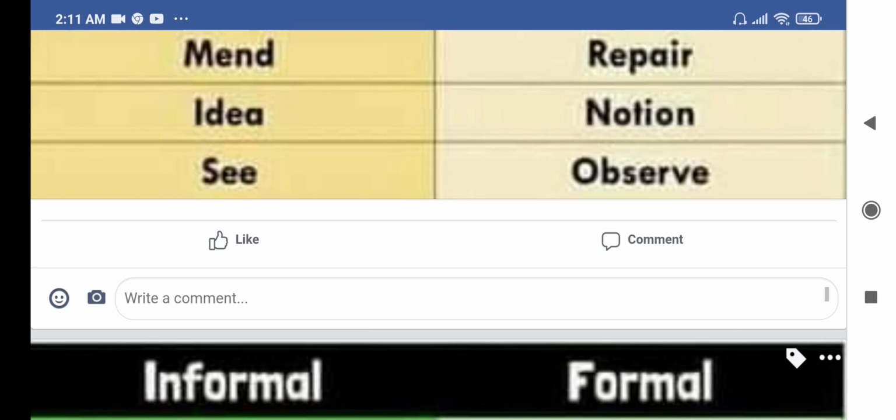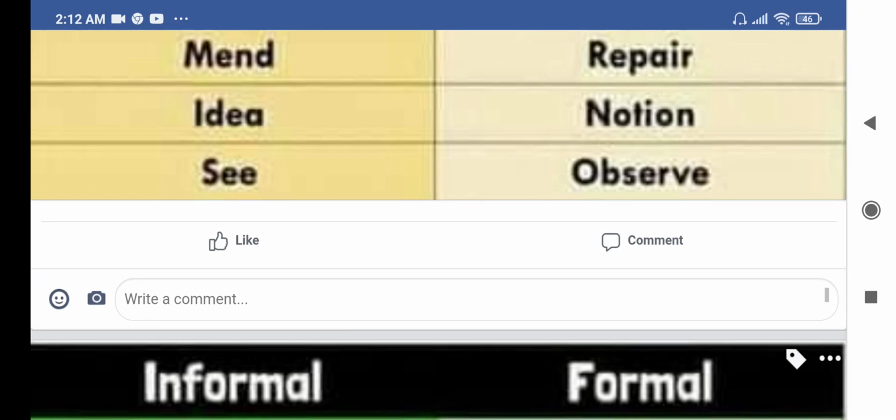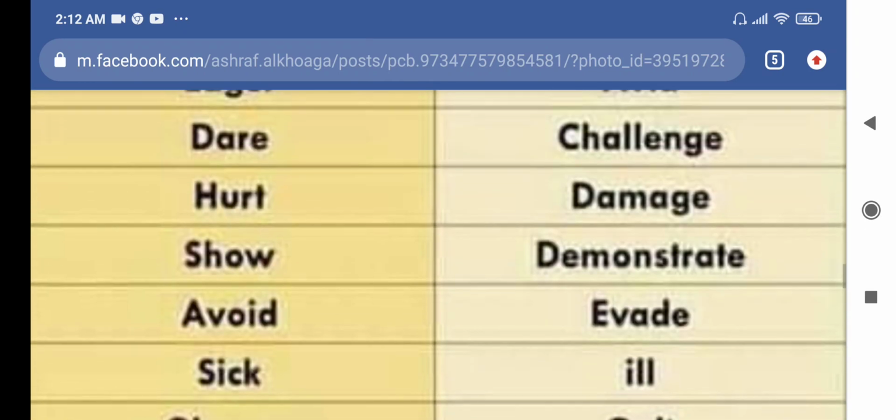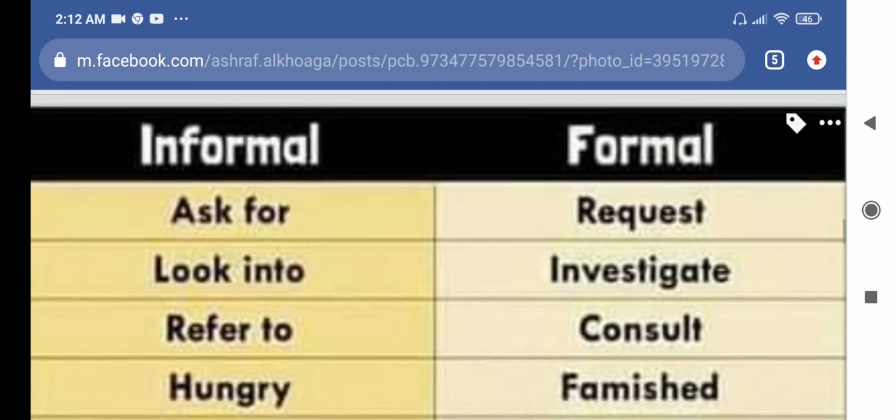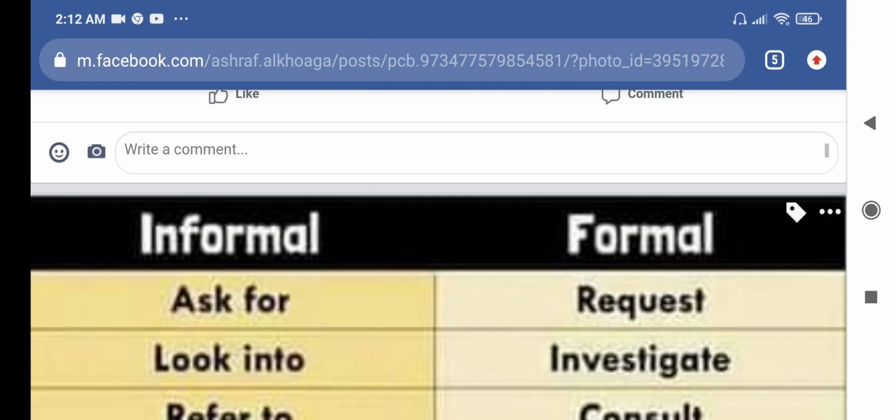So, dear students, I think you have got the difference between formal English and informal English, and hope you have got the usage patterns, how these words are used in our day-to-day life and how we can use the same words in a different pattern in our academic writing.